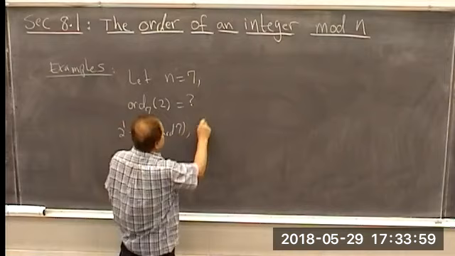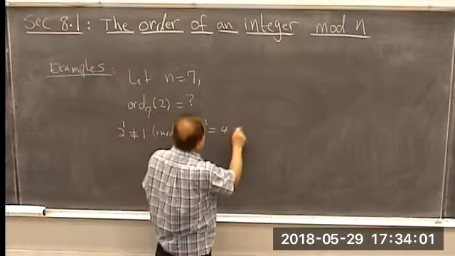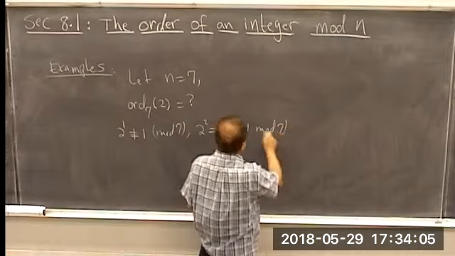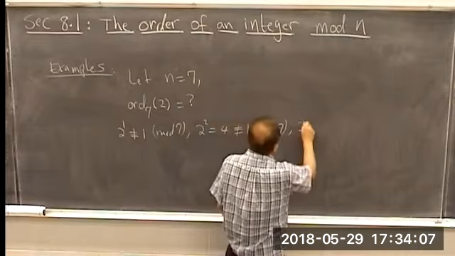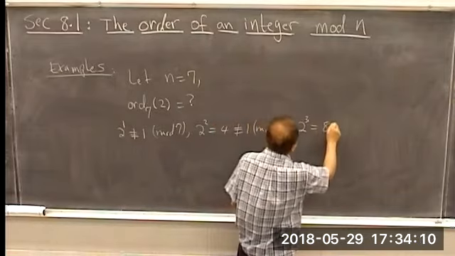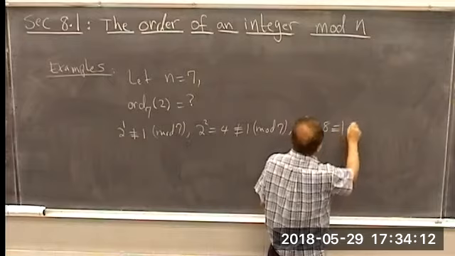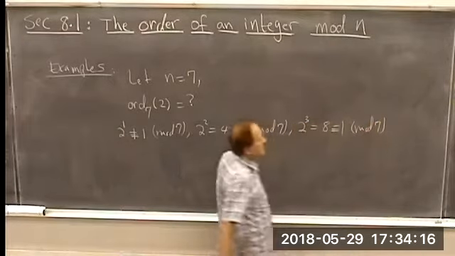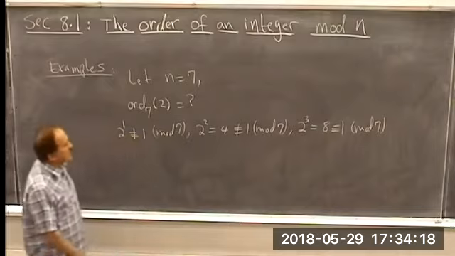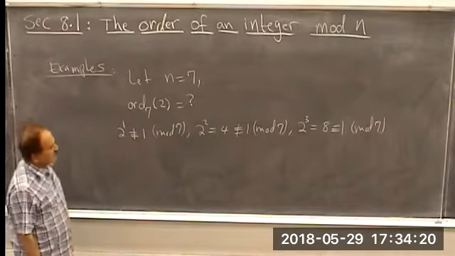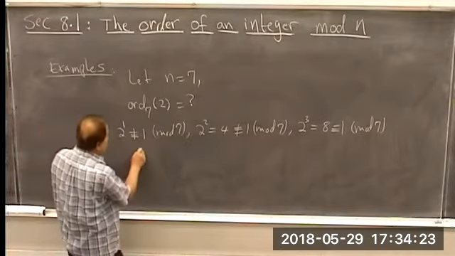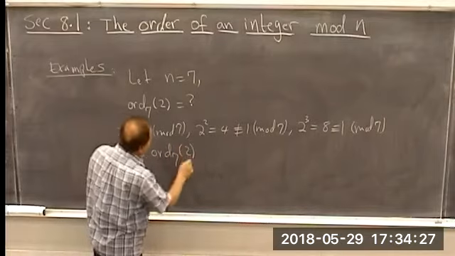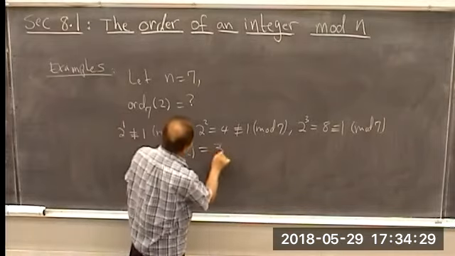Then 2 squared equals 4, and this is not congruent to 1 mod 7. 2 to the third is 8, and yes, 8 is congruent to 1 mod 7. Therefore the order is the smallest exponent, and this is equal to 3.